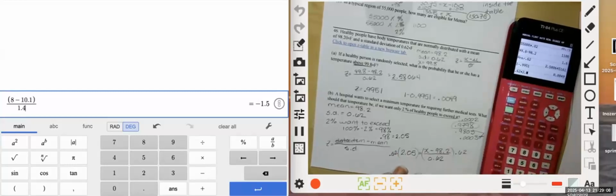Like 60 times 2.05 equals, I got 1.271 equals x minus 98.2.